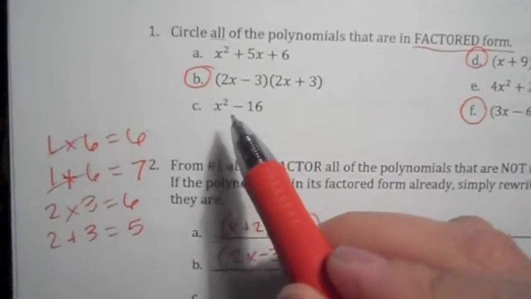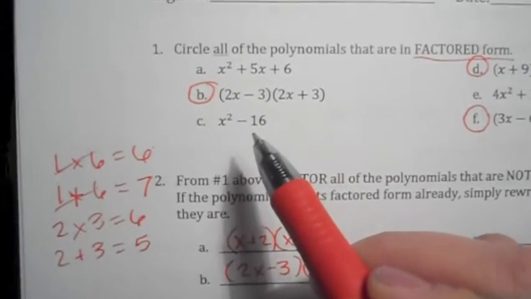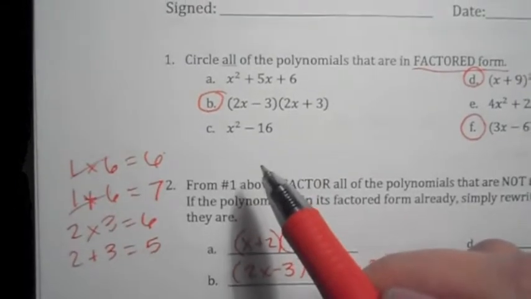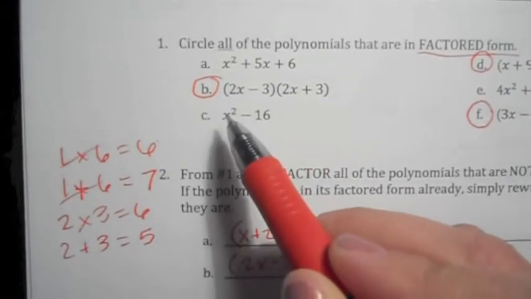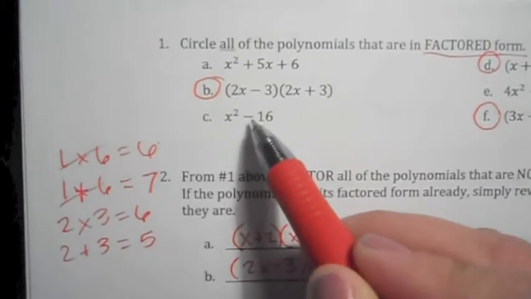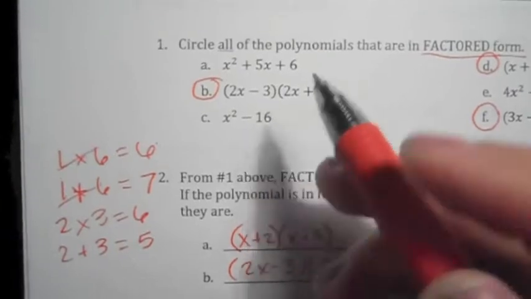Okay, C, x squared minus 16. If you remember anything from section 9.7, you'll know that that is a difference of squares. Something squared minus something squared. That's x squared, and 16 is 4 squared.